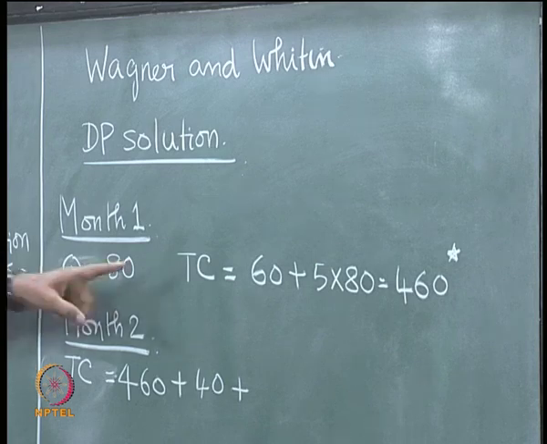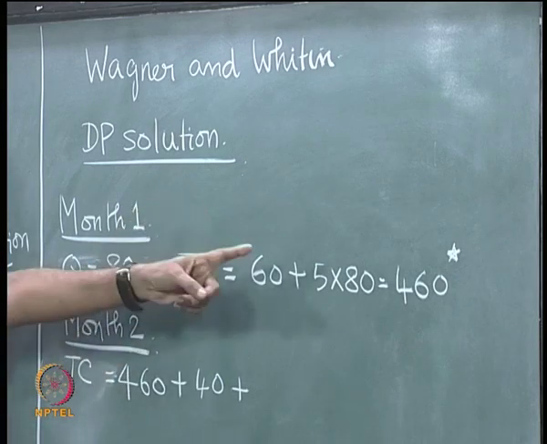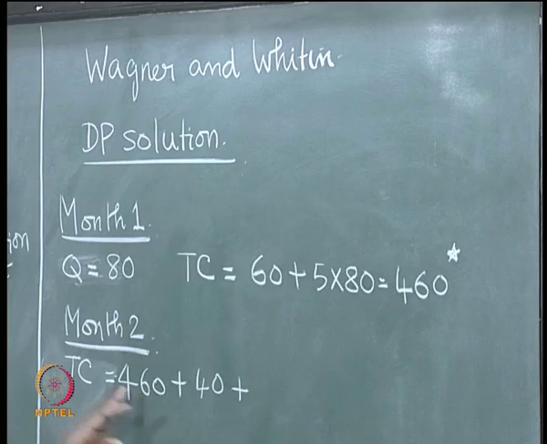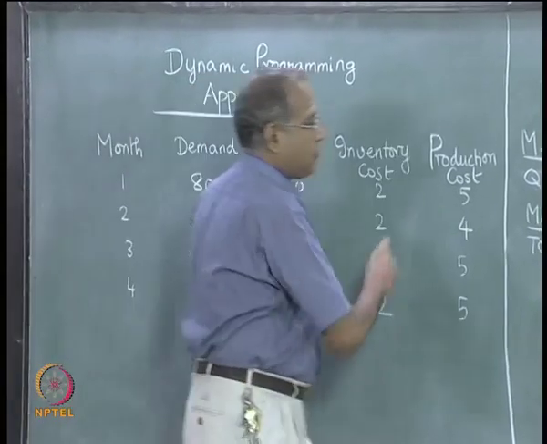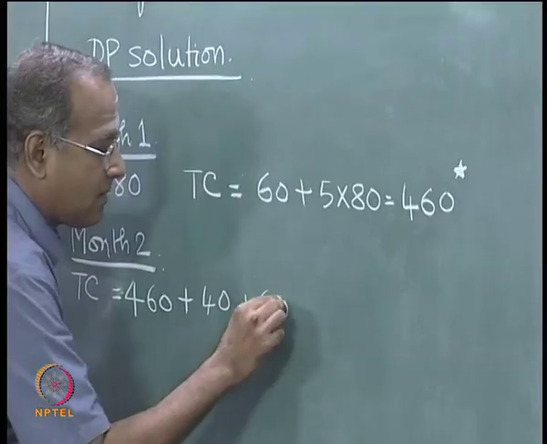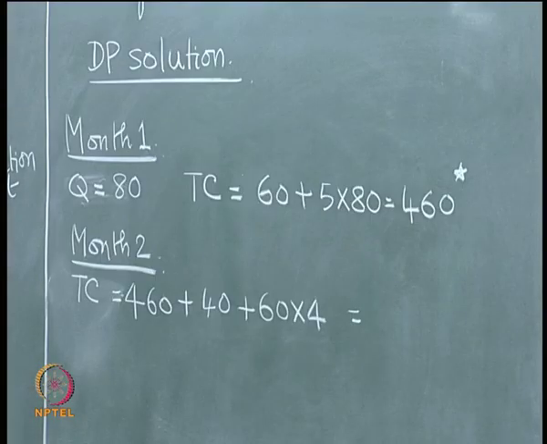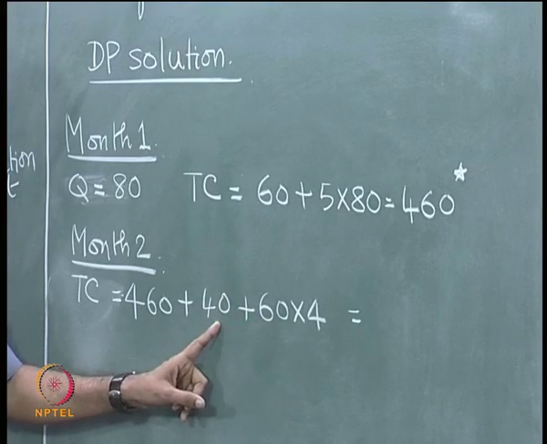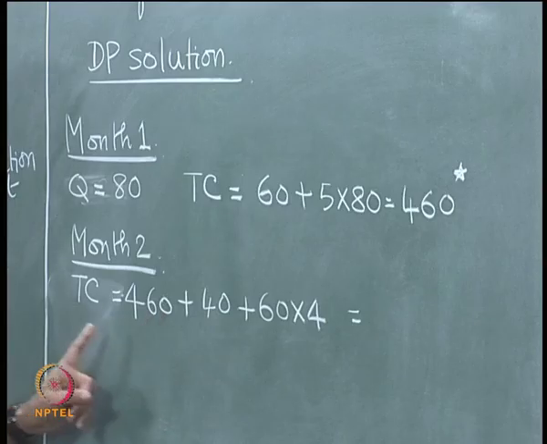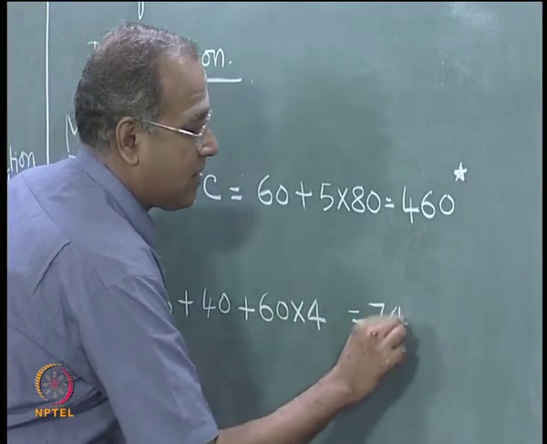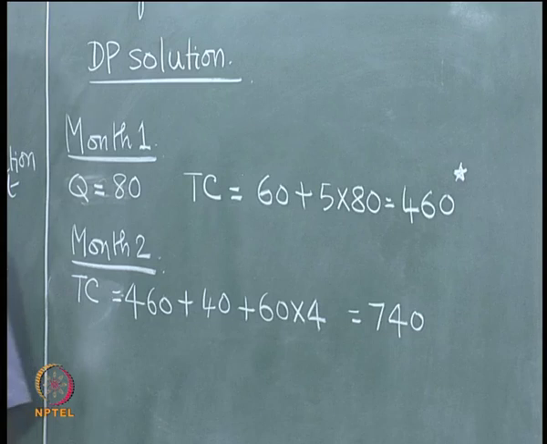It is to meet the first month's demand in the best possible way, which is 460 that comes from here, and then meet the second month's demand alone by incurring a setup cost of 40 and a production cost of 60 into 4, 240. So, this gives a total cost of 240 plus 40 is 280, 340 plus 400, 740 is the cost that is associated with this solution.